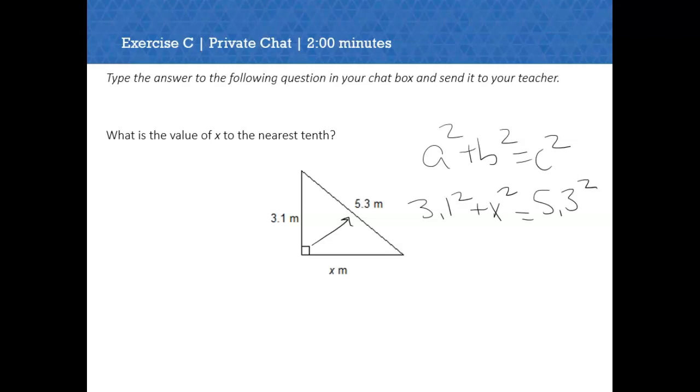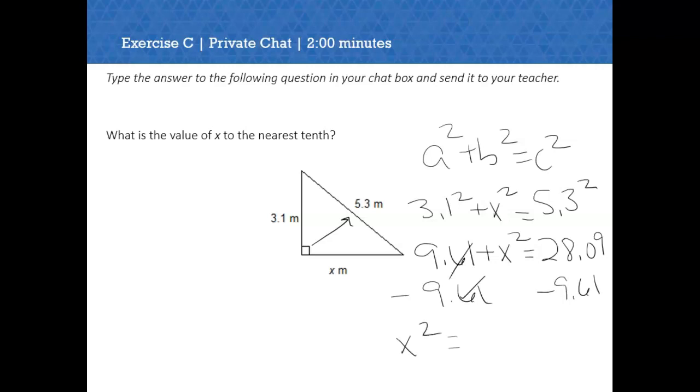3.1 squared is 9.61. 5.3 squared is 28.09. So we're going to subtract 9.61 from both sides, which gives us 18.48.